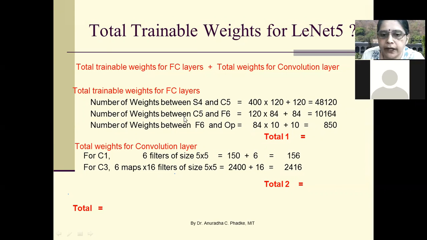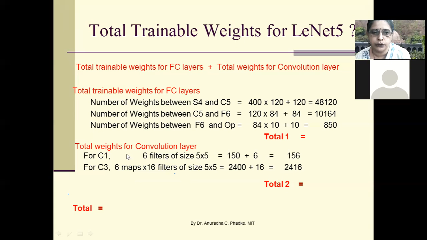Then the number of weights between C5 and F6 is given by 120 into 84 plus 84. So these are 10164. Then between F6 and output layer, we have 84 into 10 plus 10, that is 850 nodes. So add all these weights to get weights for fully connected layers.